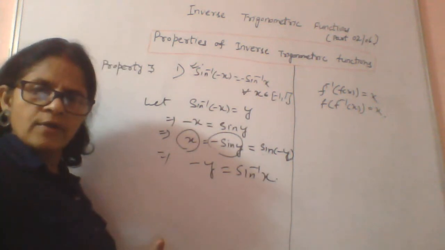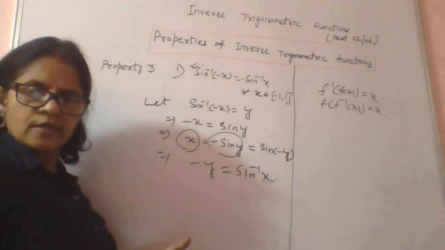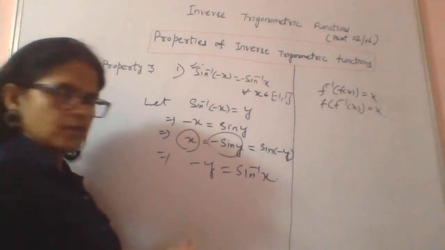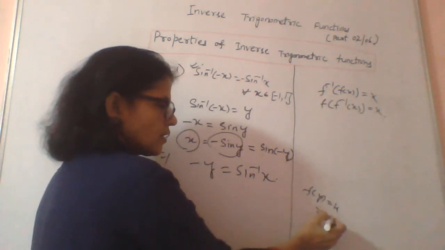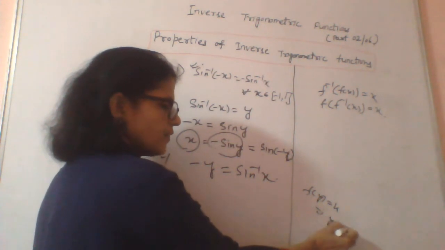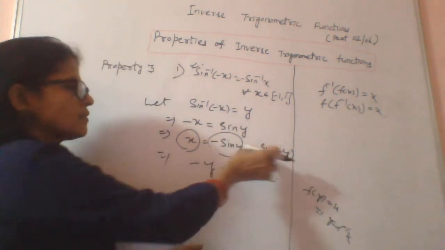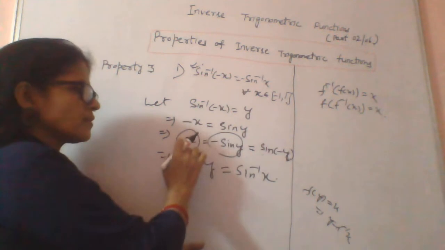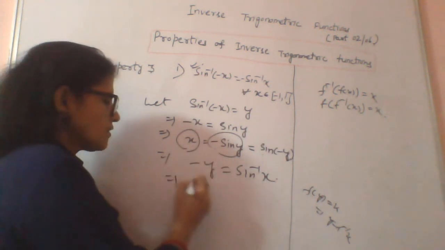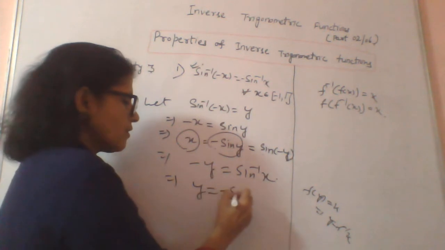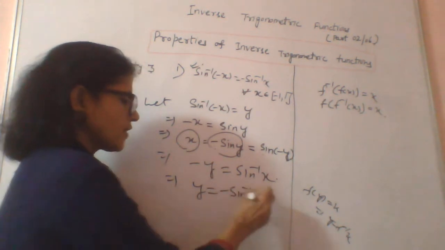Whenever you have f of y equal to x, it means y equal to f inverse x. So sin of minus y equal to x means minus y equal to sin inverse x. This implies y is minus sin inverse x. Is it clear?